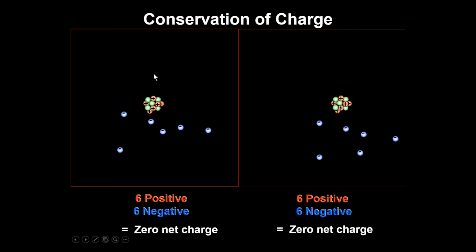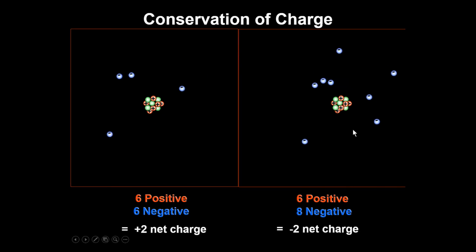We can make this positively charged and this negatively charged by taking electrons from one to another. So now if this one had 6 positives and 4 negatives, there is a net positive 2 charge on this atom. And because this one gained 2 electrons, it has 8, where before it had 6.